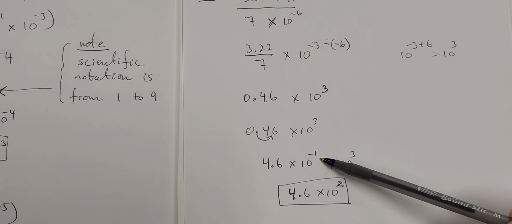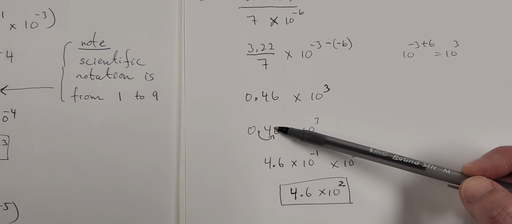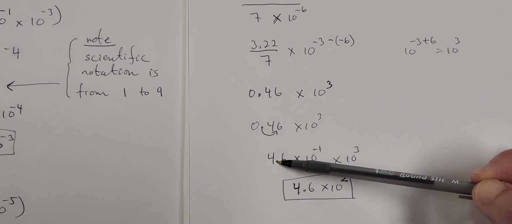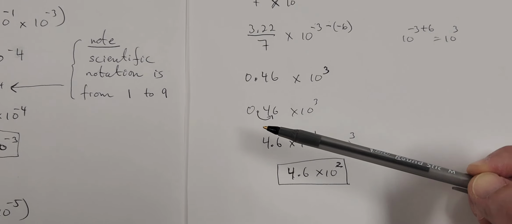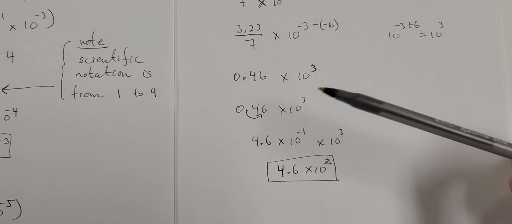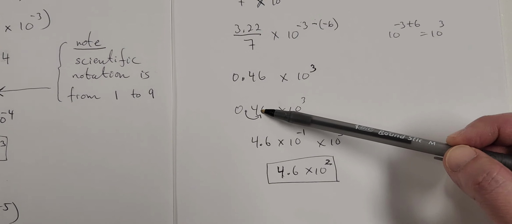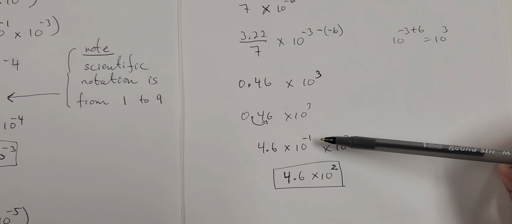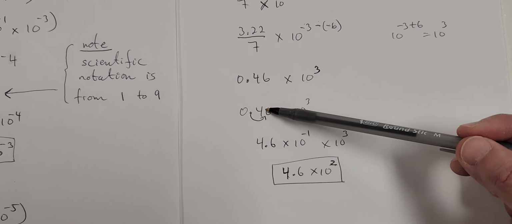And why is it negative? Because I went from a small number to a bigger number. And because I moved one time, it becomes -1. One more time: since I moved from a small number to a big number, that's where the negative comes from. Where does the 1 come from? Because I moved one time.